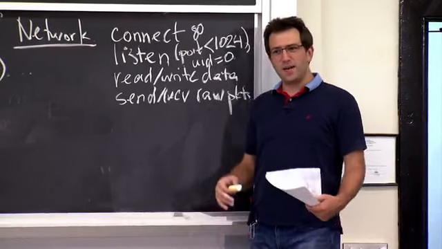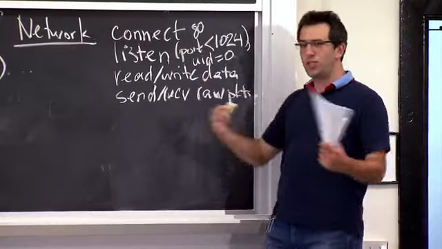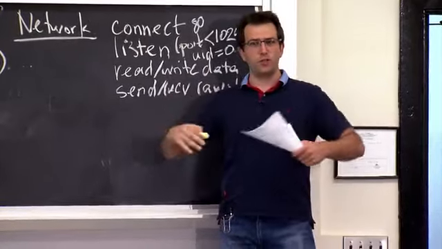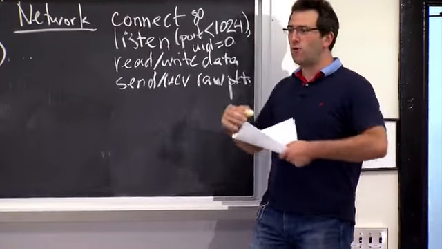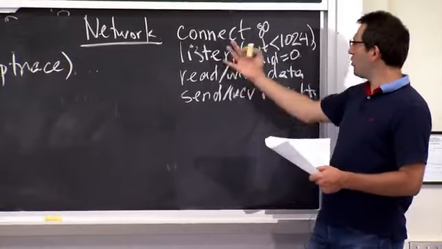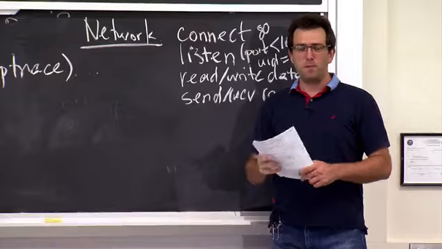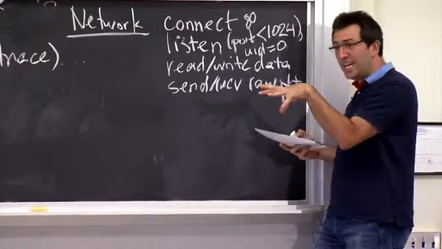Yeah, so I think the reason for this is that it used to be the case, at least, that you would have these machines where there's lots of things running. There's users logging in, there's services running, and you want to make sure that some random user logging into a machine doesn't all of a sudden take over the web server running on that machine. Because people connecting from outside don't really know who is running on that port. They just connect to port 80.